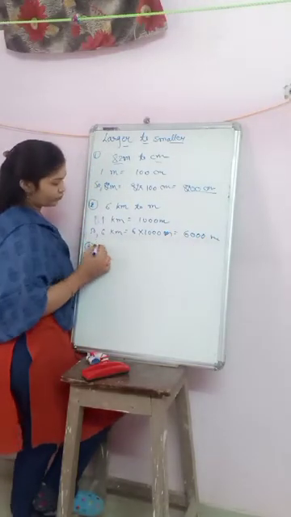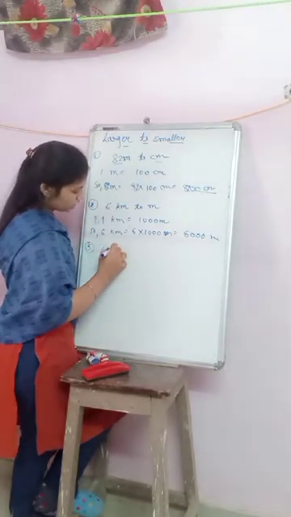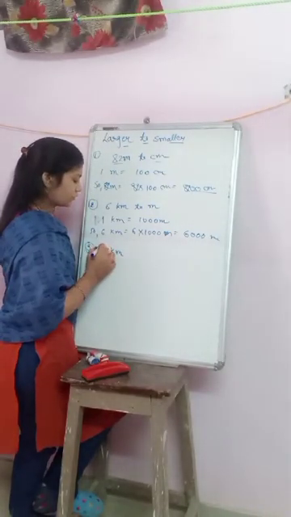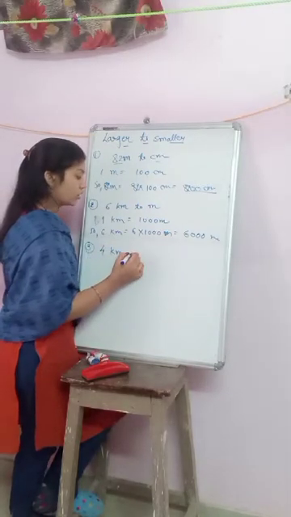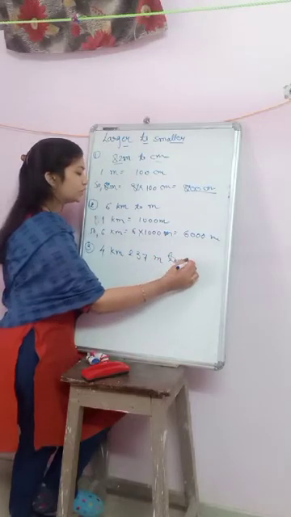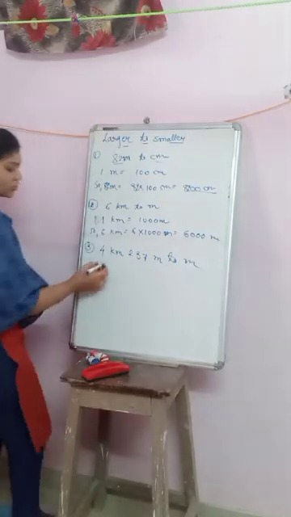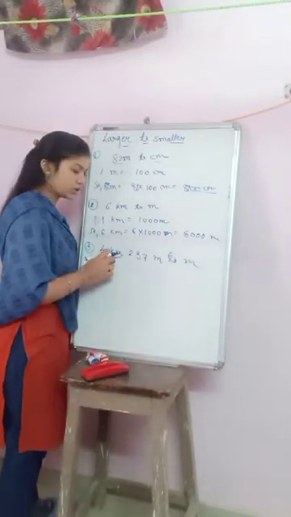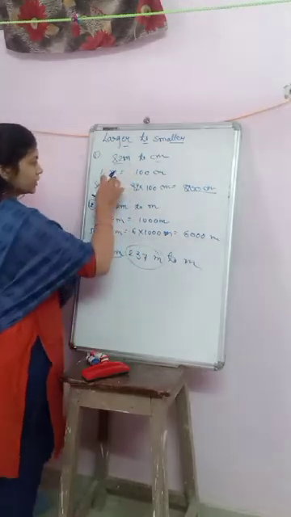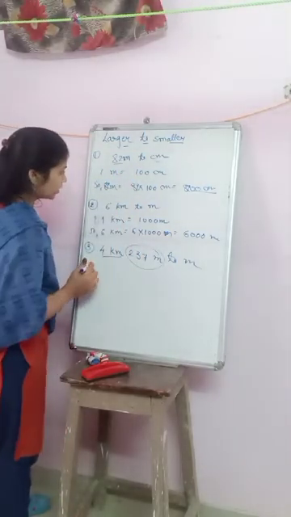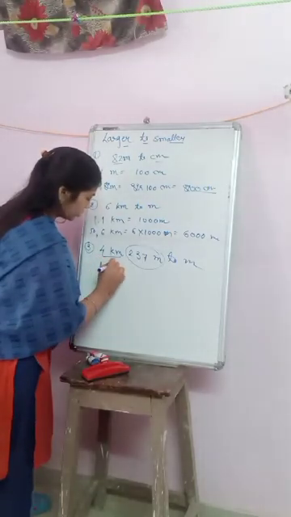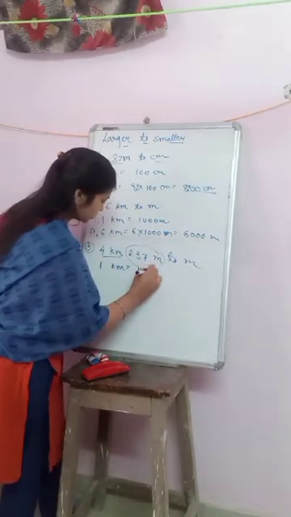Third example, 4 kilometer 237 meter. So first of all we have to convert the kilometer into meter, and then we have to add both together. So 1 kilometer equals 1000 meter.